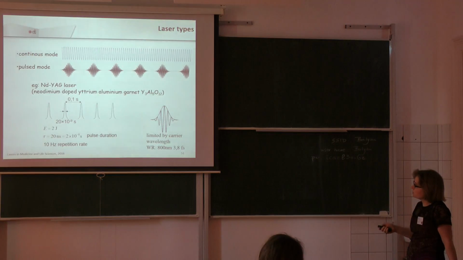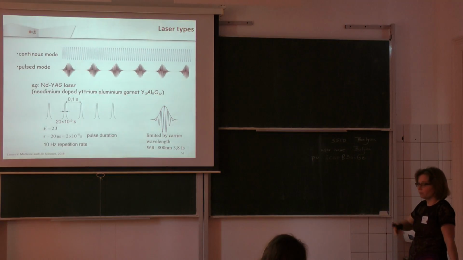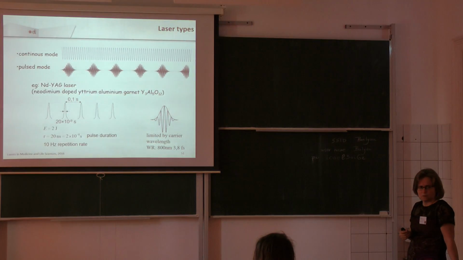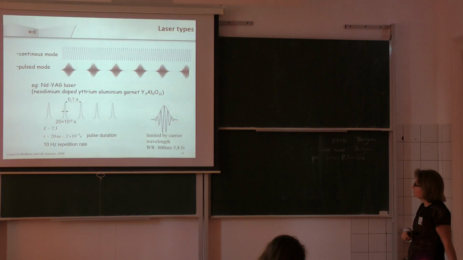But if we use such a pulse train to pump a crystal up to an excited state, since the lifetime of the excited state is longer than this silence, we can keep the performance up.